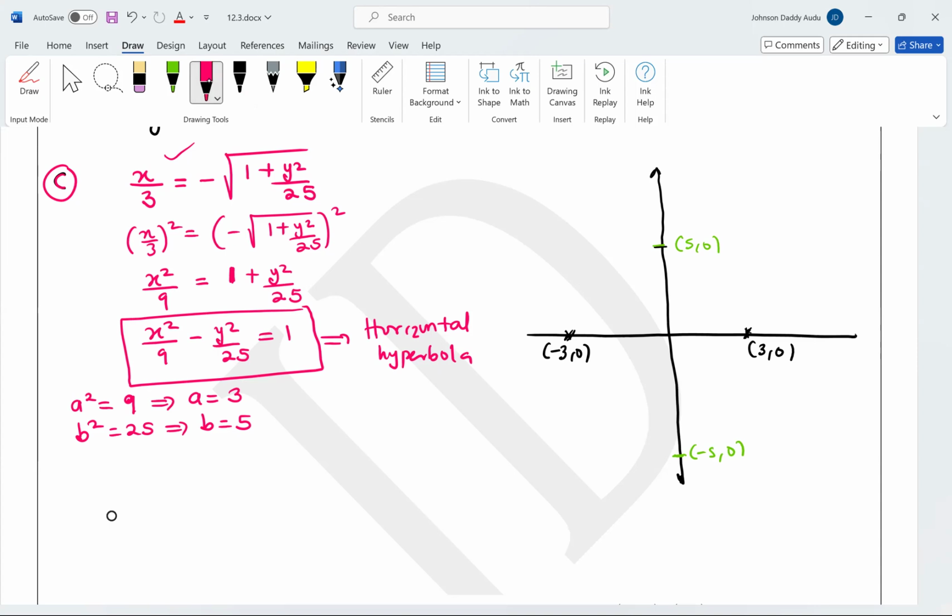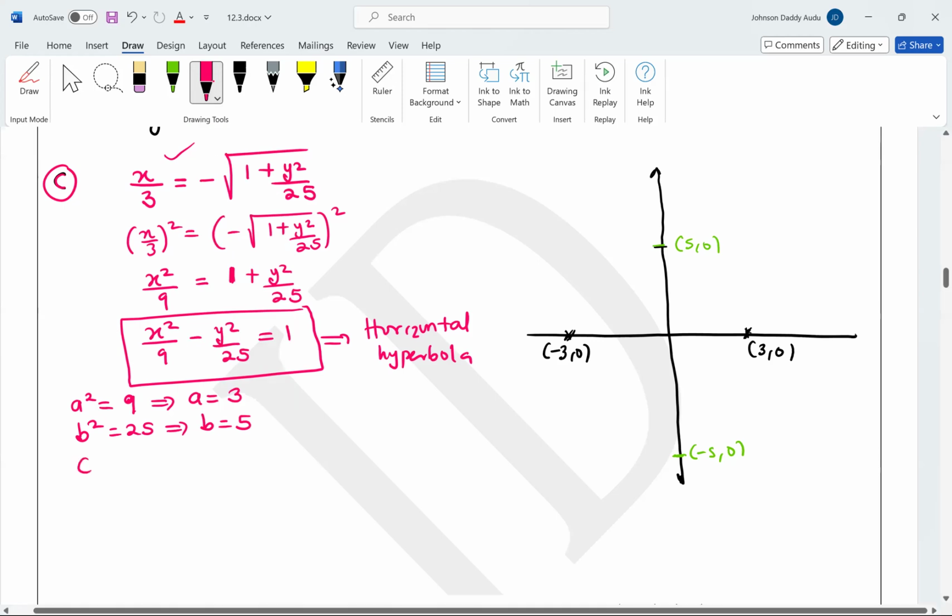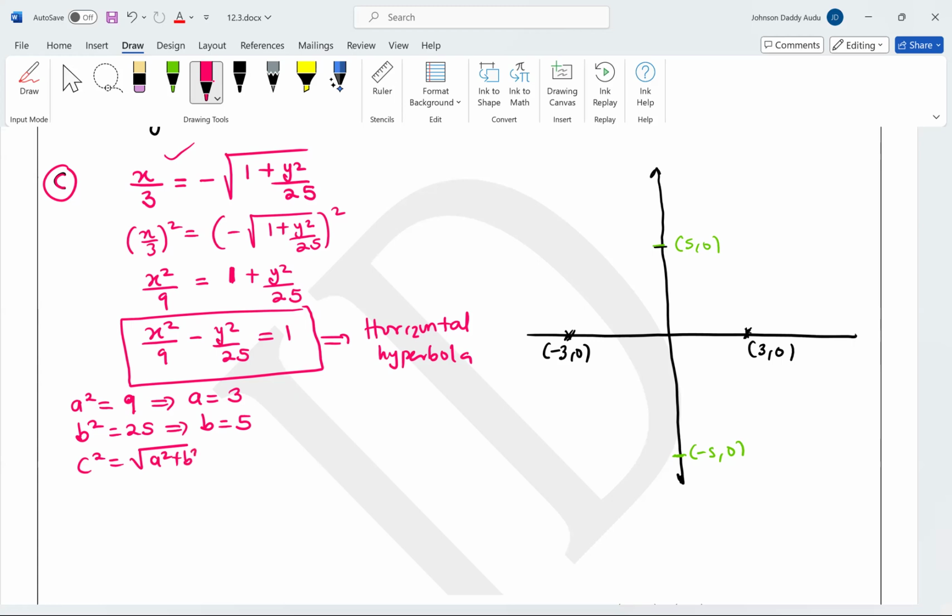Then another important thing we need to get is the focus, so we can have our c. So what is c squared? c squared is just going to be a squared plus b squared, and that will be 9 plus 25. Yeah, 9 plus 25, which is 34, right?